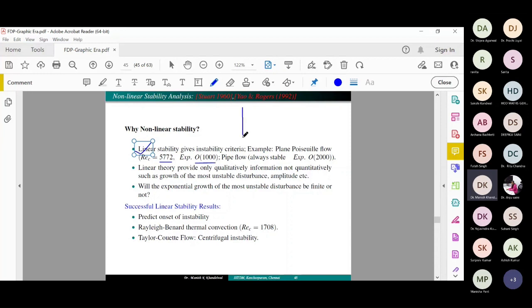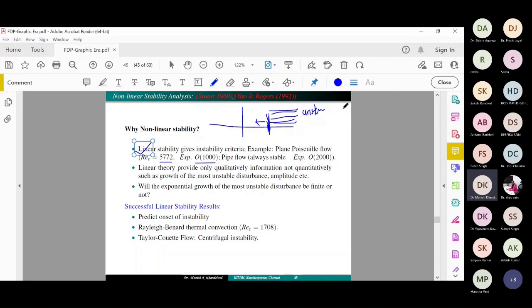I am just repeating again: linear stability analysis gives a point, and beyond that point the flow is unstable, whatever analysis you implement. But below that point, on that side, we don't know whether it is stable or unstable. After this point, the flow is unstable.